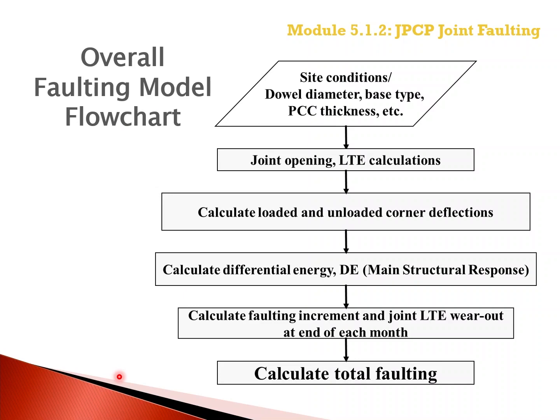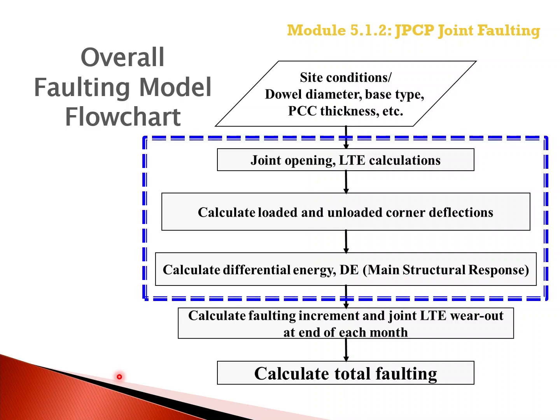Now let's discuss the specific model used to predict faulting over time. This flowchart or diagram is a simplified version of the process and faulting prediction model included in the Pavement ME software. This next section will identify and overview the critical responses and their location in calculating faulting over the design period. The critical responses include the calculated joint opening or joint width and load transfer efficiency of the transverse joint.